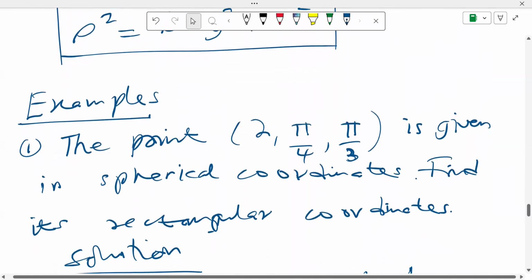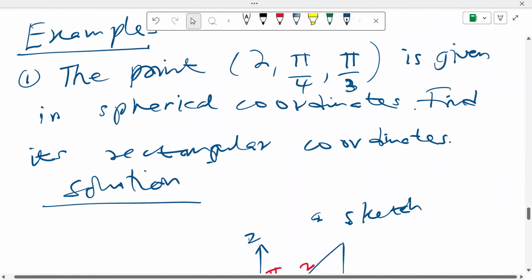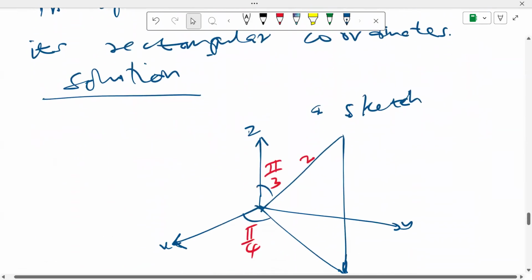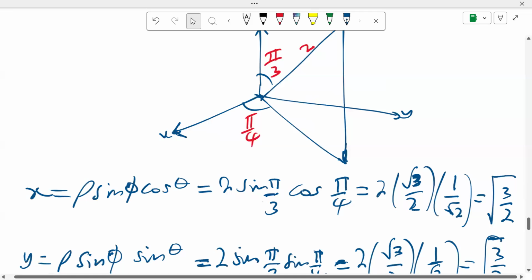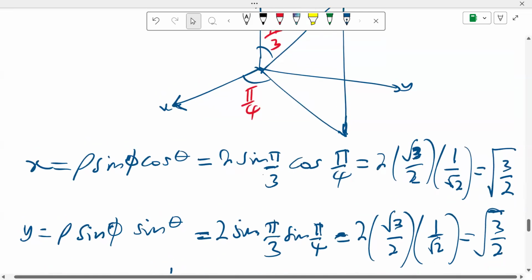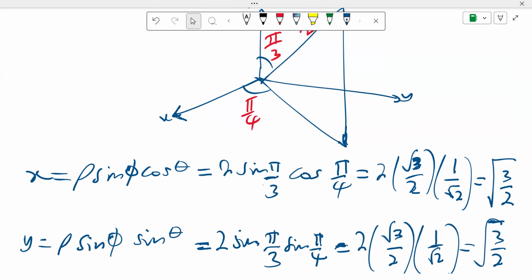With this established, let's take our time and look at some questions. The point 2, pi on 4, pi on 3 is given in spherical coordinates. Find its rectangular coordinates. All right, so we can just do a sketch. When we sketch, this is how the whole thing will be. So our x will be rho sine phi cos theta. So we get 2 sine pi on 3 cos pi on 4. When we compute, we shall get root 3 on 2.